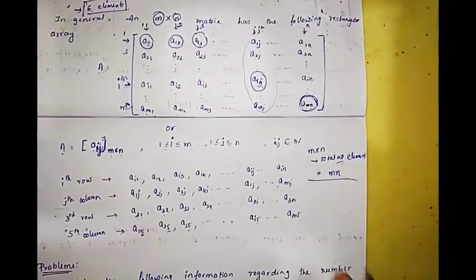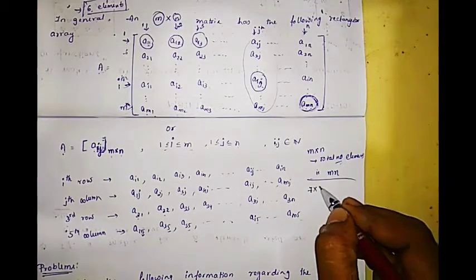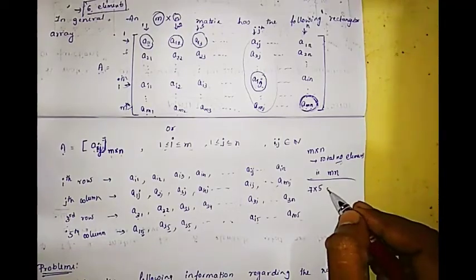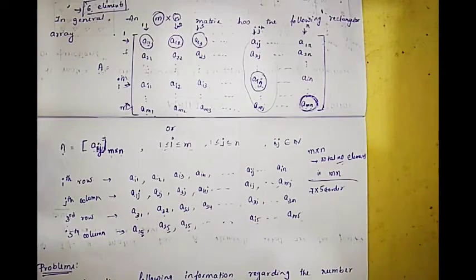Clear? Or take a matrix which has order 3 by 5. This is the order of the matrix. Now you can tell how many elements should be there in the matrix.